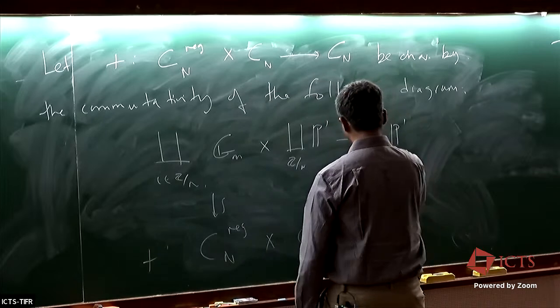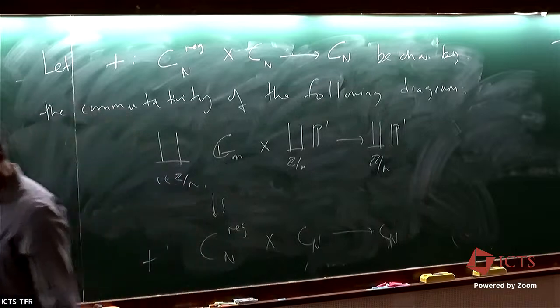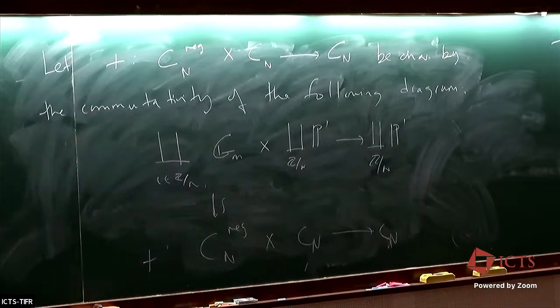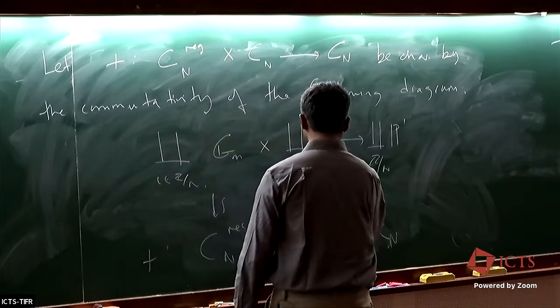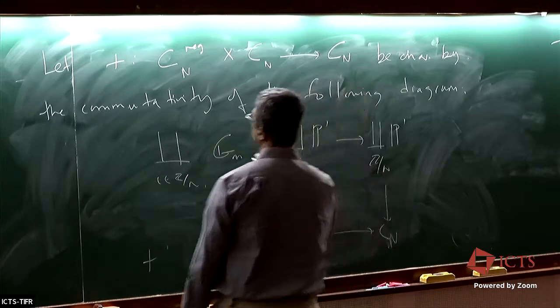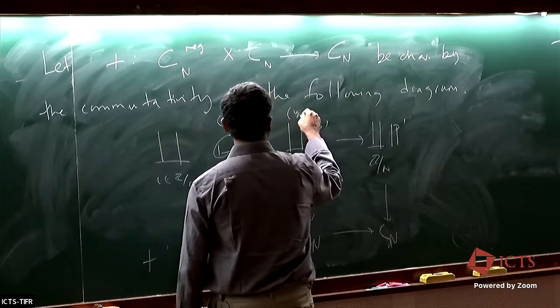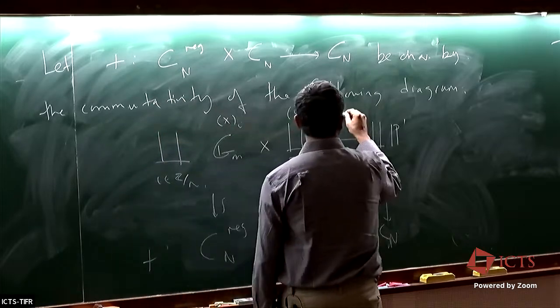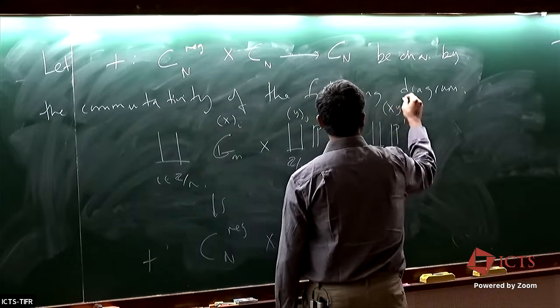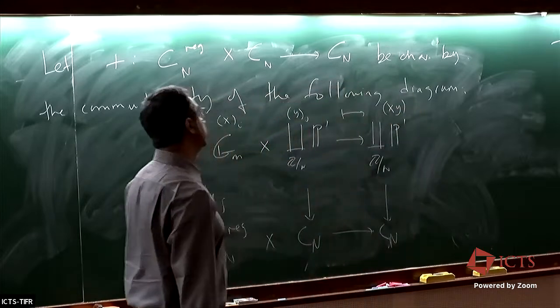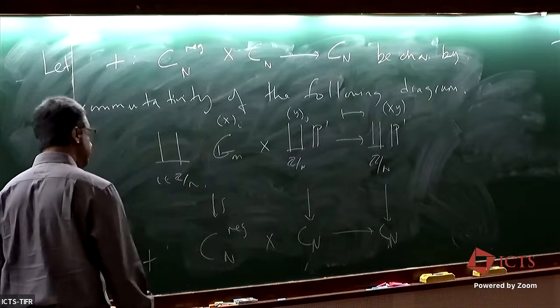And here you have this action, which is not completely obvious. You might think it's just component-wise, but it's not. There's some subtlety here. The subtlety is that it's not just GM acting on P1 component-wise: something like (x, i) and (y, j) goes to (xy, i+j). You multiply the two numbers, but you move the component to i plus j.